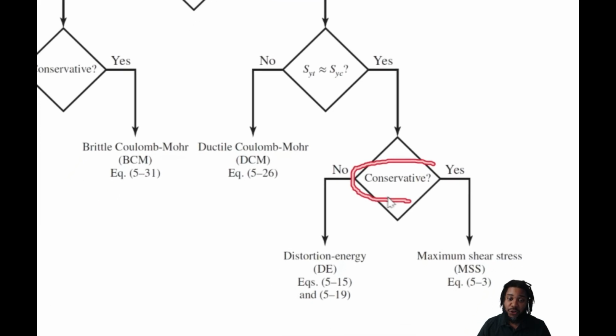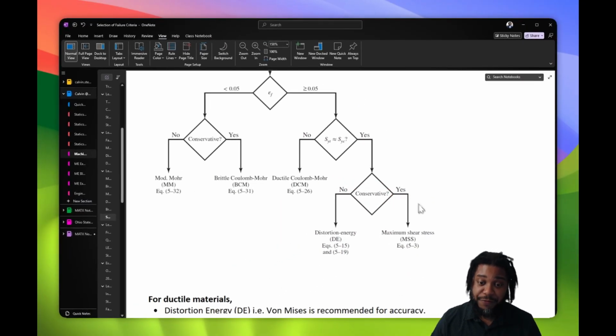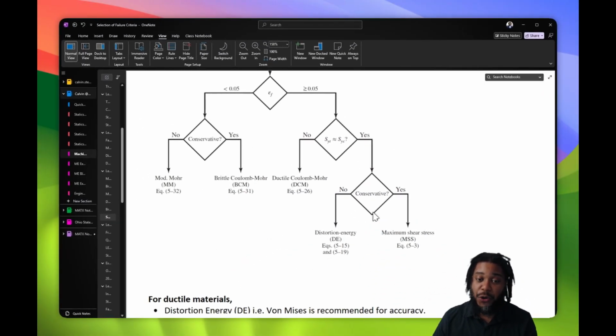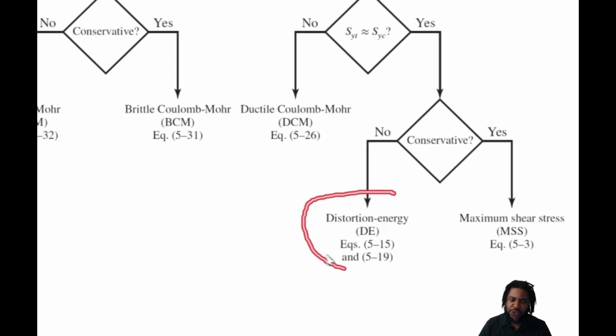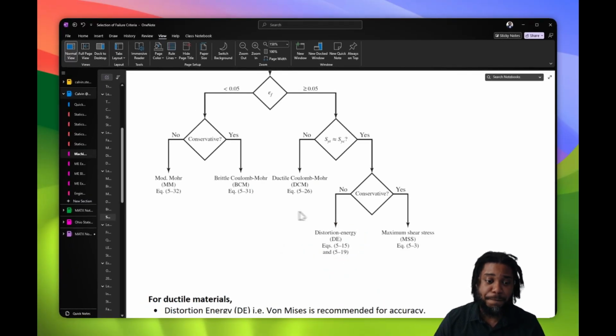Do we want conservatism? Do we want more safety in our design? If yes, we'll use the maximum shear stress theory. If no, if instead we want more accuracy, we want to accurately predict the stress at which yielding will occur, then we'll use the distortion energy theory, the von Mises stress.